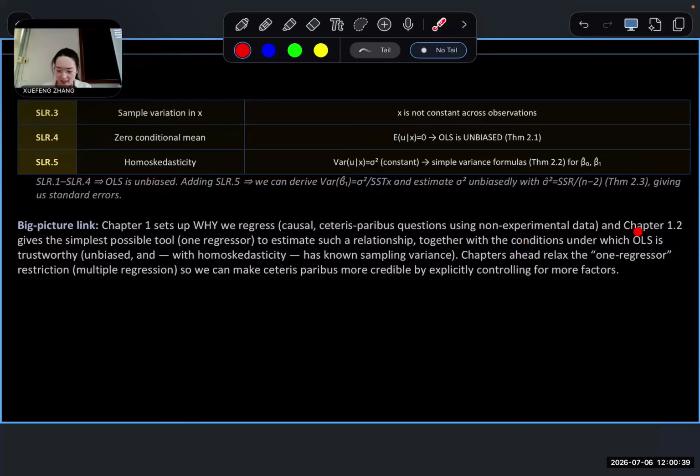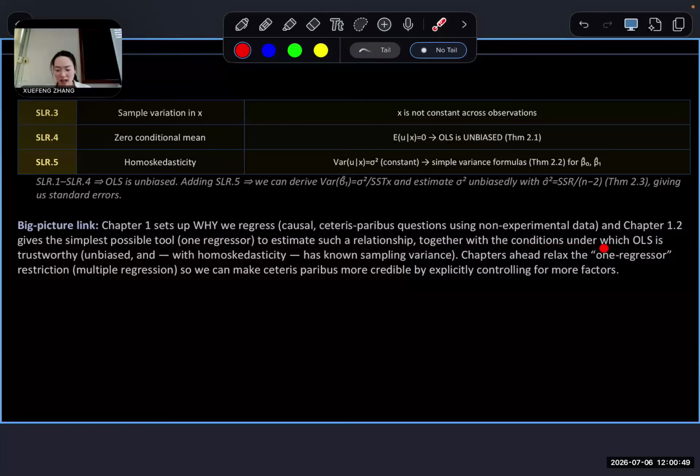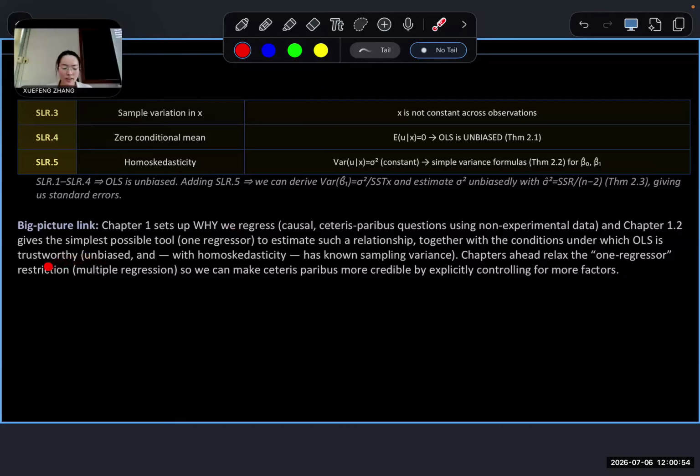Okay, so let's continue. Chapter 1.2 gives the simplest possible tool, which is one regressor, to estimate such a relationship, together with the conditions under which OLS is trustworthy. How do we say it's trustworthy? We check that it's unbiased and, with homoscedasticity, we have a known sampling variance.